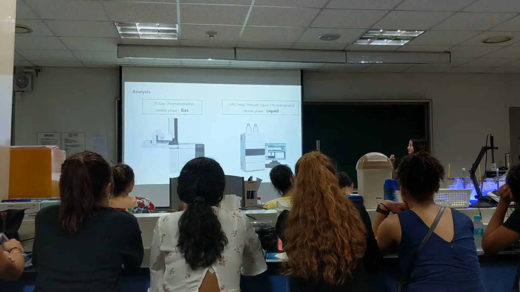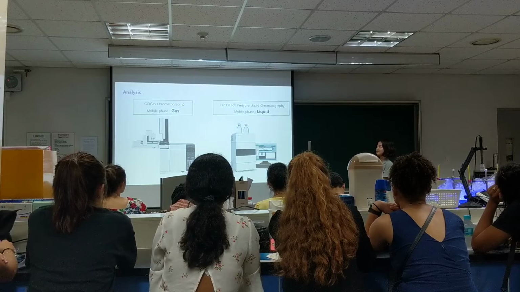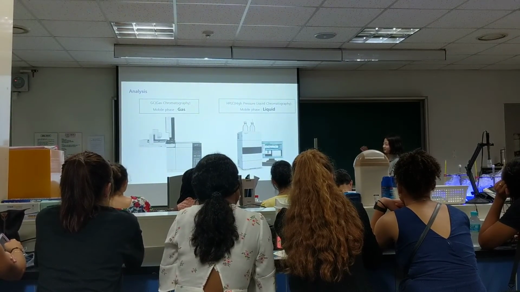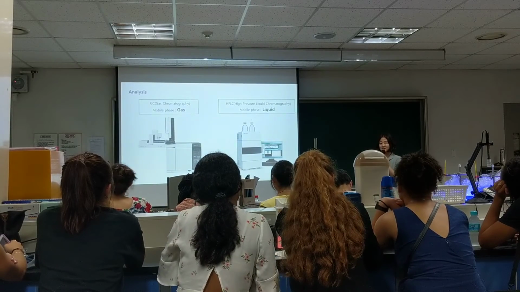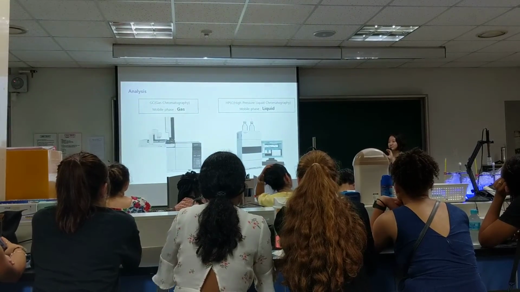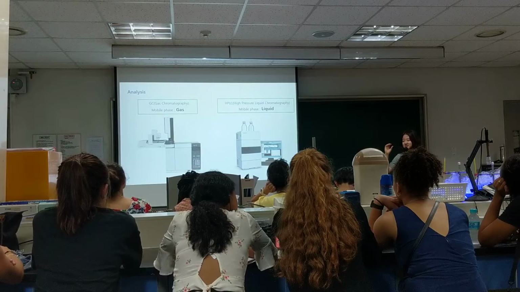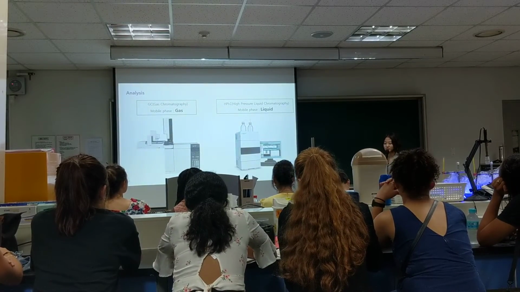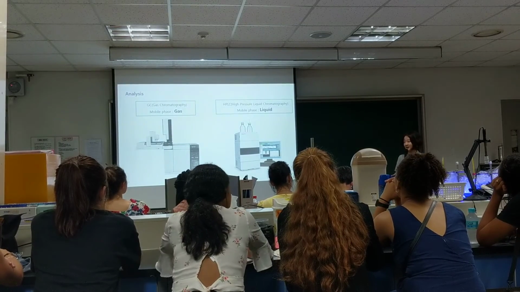Usually we use a lot of equipment for analysis, but usually these two kinds of equipment are used, and they are kinds of chromatography. Do you know chromatography? No? Chromatography means separation of a mixture. There are a lot of things in the mixture, like substrate and final products and so on. So by separating the mixture, we can identify what they are.